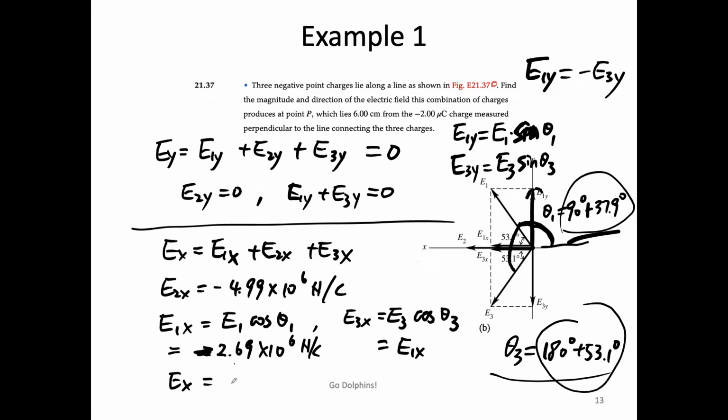So put everything together, you find Ex is negative 1.04 × 10^7 newtons per coulomb. So this is a demonstration of how we need to add electric fields produced by different charges as vectors.